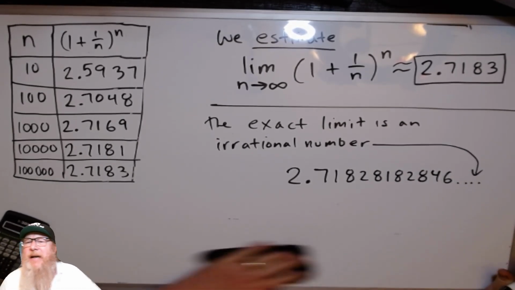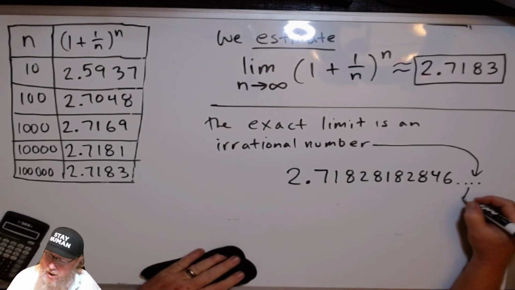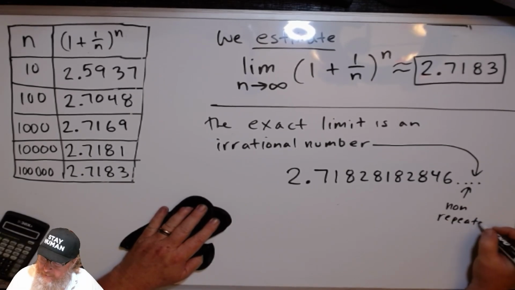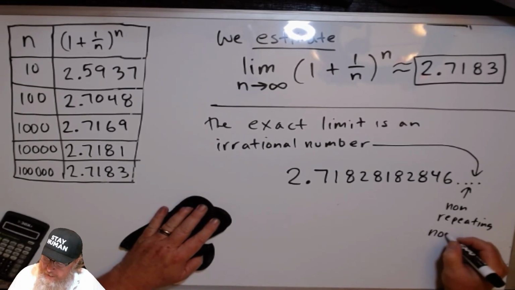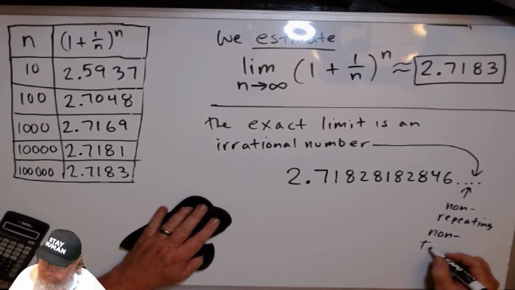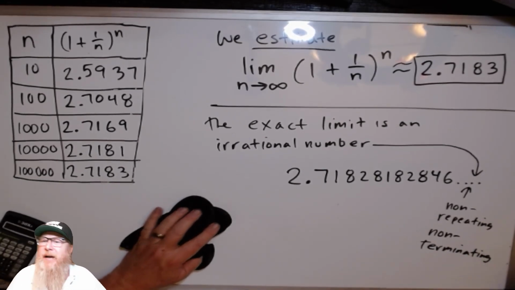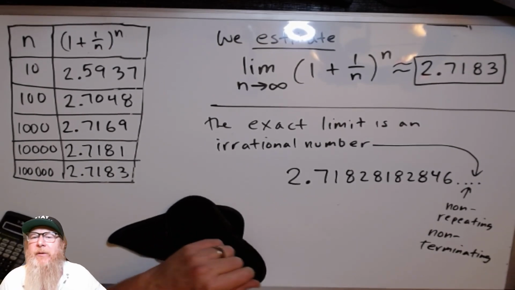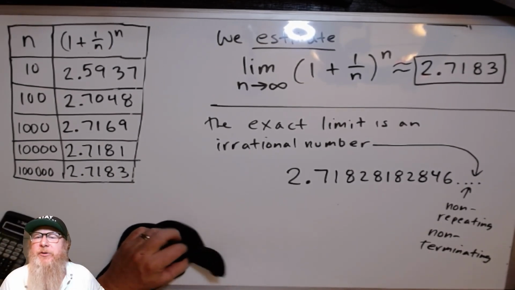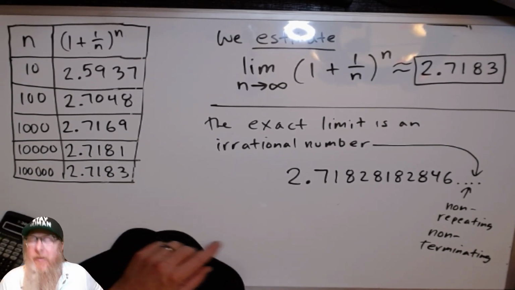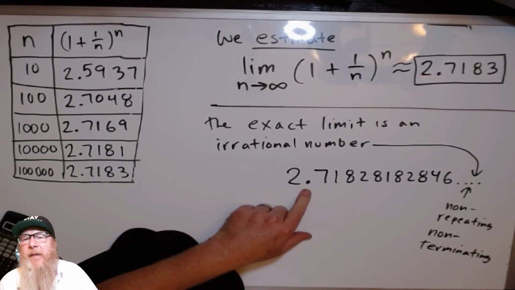It's an irrational number. This means that it's non-repeating and non-terminating. Kind of like our old friend pi. Yeah, we learned pi in geometry. We might see it appear again in this course. But this number will probably show up a lot more often in this course.